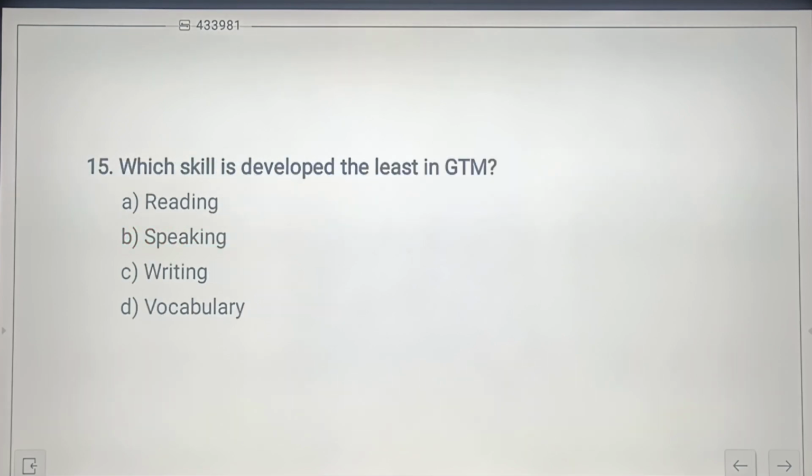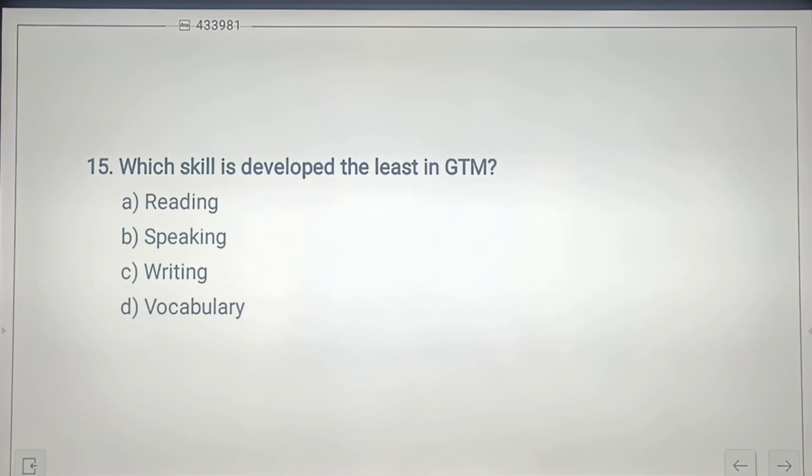Next, which skill is developed the least in grammar translation method? A. Reading, B. Speaking, C. Writing, D. Vocabulary. You have to understand the question, which skill is developed the least?